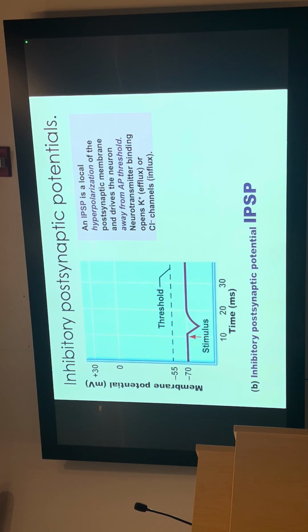We would call this an IPSP, inhibitory postsynaptic potential. It is hyperpolarizing, below resting membrane potential, further away from threshold. So after this inhibitory stimulus, this neuron's going to be less likely to reach threshold. It's inhibitory, away from threshold, hyperpolarization.